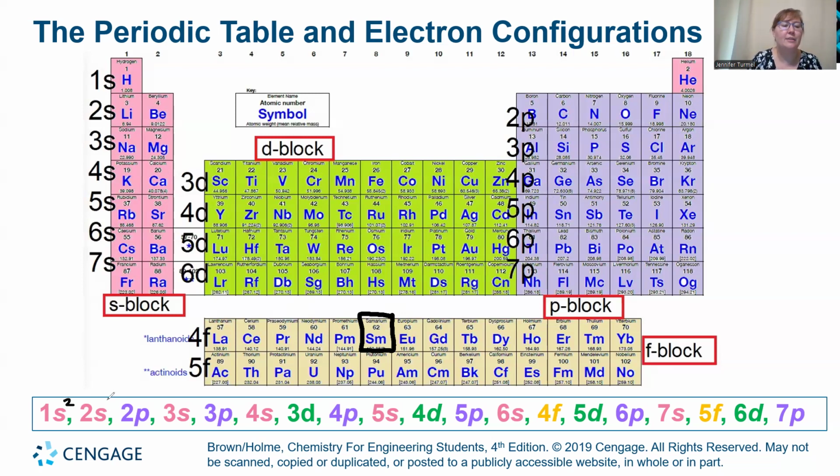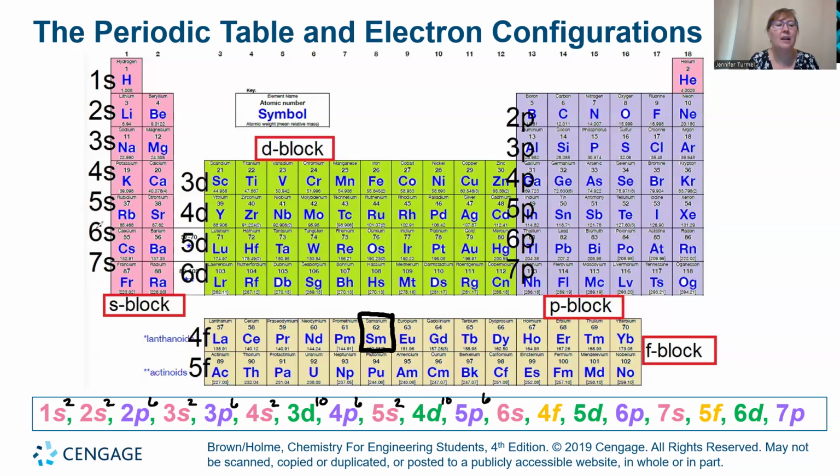And we have 1s2, 2s2, 2p6, 3s2, and I'm getting that right from up there in the periodic table. 3p6, 4s2, 3d10. One thing that makes it easy before, and I'll show you on the next one. So 3d10, and then we have 4p6, 5s2, 4d10 right here, because that ends with 47 there.